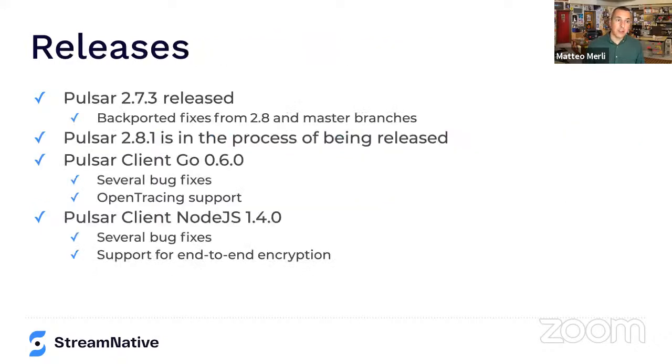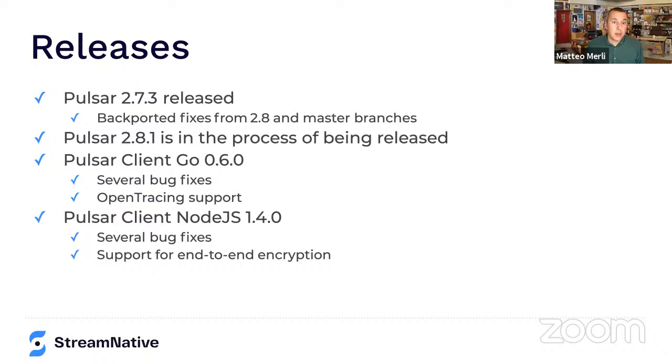On the releases front, there have been quite a few releases this month. The first one is the 2.7.3 release. We keep the previous minor version patched with the latest fixes that we get on the 2.8 branch and master, so that it is very stable and just fixes are backported, security fixes or software bugs.